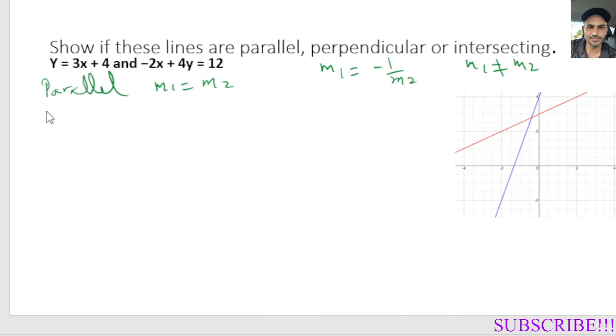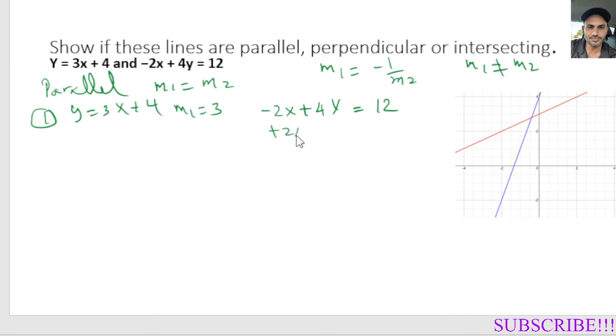The first one, we know that y equals 3x plus 4, and M1 equals 3 from this equation. The second equation is negative 2x plus 4y equals 12. Then we solve for y.